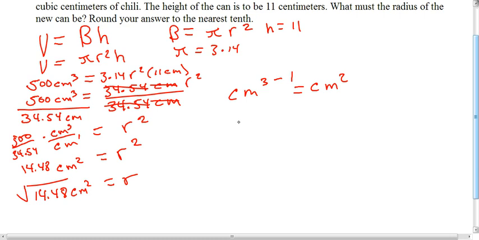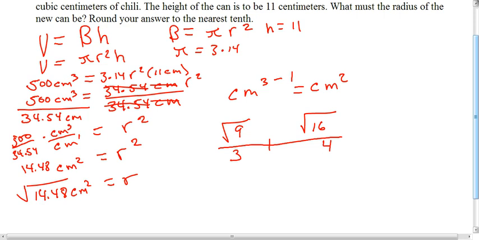I'm looking at what in the world would we find for the number 14.48. I'm looking, well, it would probably be between perfect squares 9 and 16. So if that's the case, I need to determine what the numbers are. So here they are, 3 and 4.